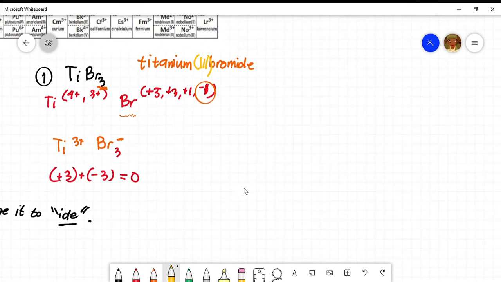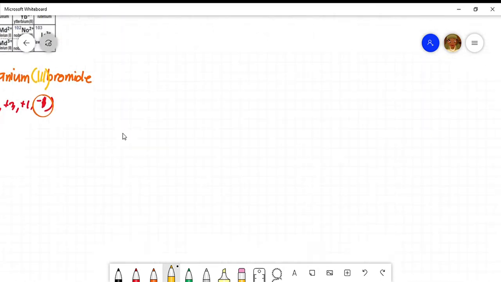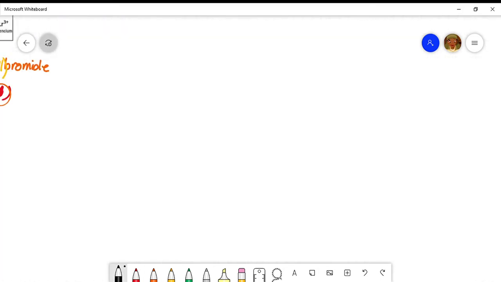So for another example, let's say we have GaAs. Ga is gallium and As is arsenic. In our periodic table, Ga or gallium is positively charged, and the charge for this is positive 3.